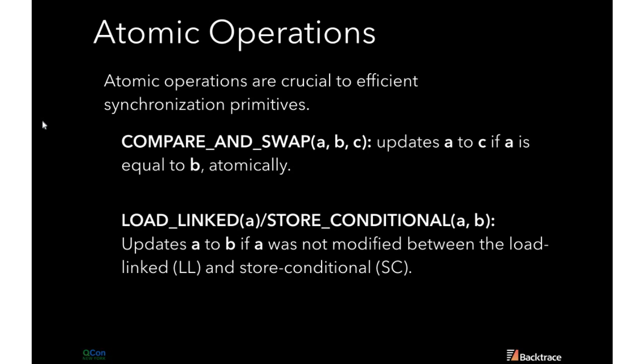So it updates A to B if A was not modified between the load-linked and store-conditional operation. And there are some trade-offs between these two primitives. Compare and swap is available on x86 and SPARC architectures, as well as a bunch of others. LLSC is what you would see on ARM and the Power architectures.